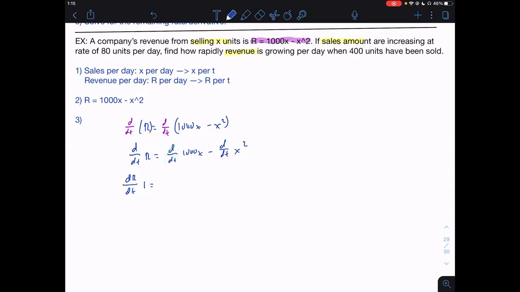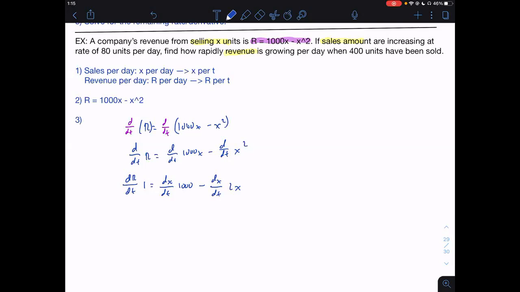So our differential is going to be dX over dt, taking the derivative of an X variable with respect to time. And what's the derivative of 1000X? 1000. Minus another derivative of X with respect to t. And the derivative of X squared with respect to time is going to be 2X.